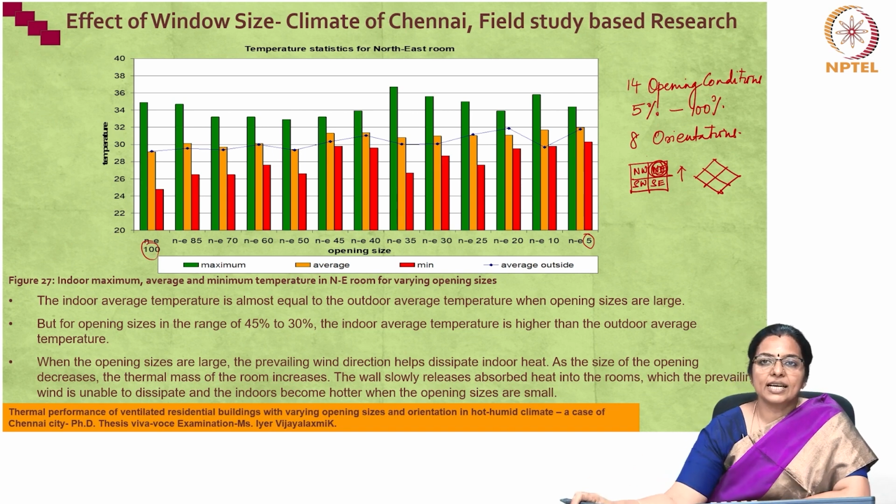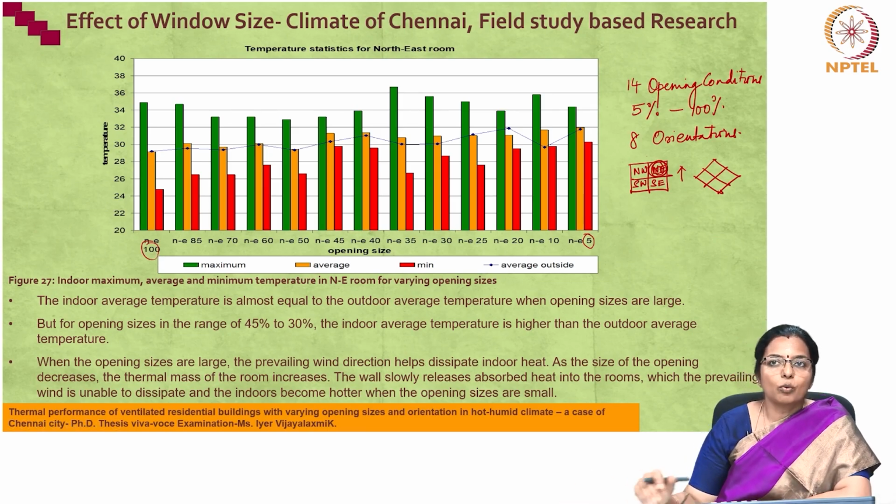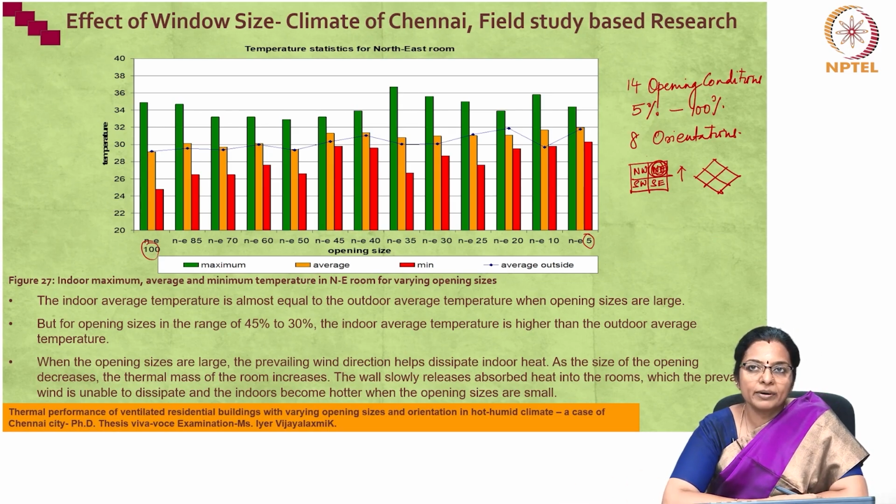When the opening sizes are large, the prevailing wind direction helps dissipate indoor heat. As the size of the opening decreases, the thermal mass of the room takes over because the windows become small. The wall slowly releases absorbed heat into the room, which the prevailing wind is unable to dissipate, and the indoors become hotter when the opening sizes are small.